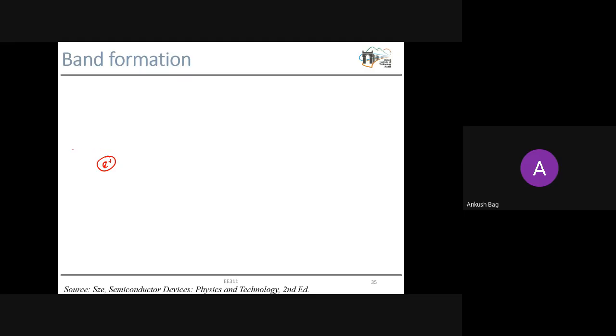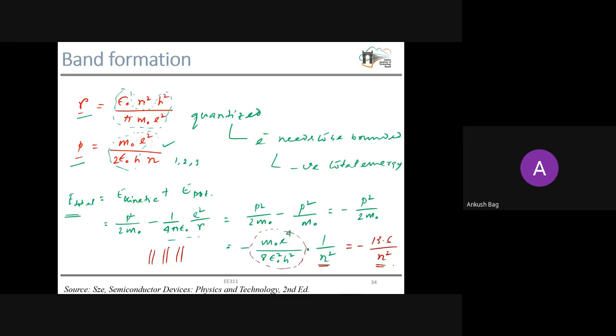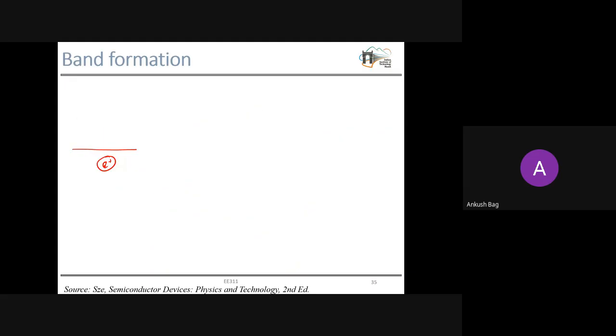We'll simply see, when n equals 1, 2, 3, what is the energy value for an electron. This is in terms of electron volts. The unit is electron volt. Now for n equals 1, we have the energy level of 13.6 electron volts.